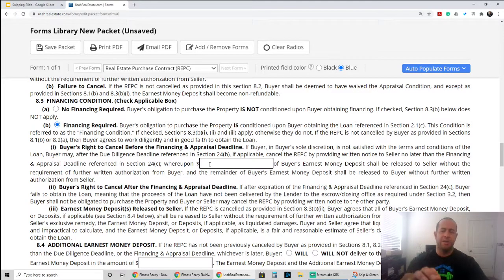All right, this box here is a new box as of about a year ago where you can determine, hey, we're outside of due diligence, but we are within the financing and appraisal deadline. So if we don't get our financing, maybe we'll give you $500. Or in this case, I think we were doing 5,000, so maybe we would do a split, and we give you half of the earnest money and say, sorry, we wasted your time.